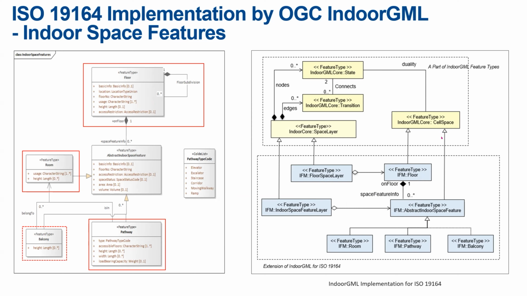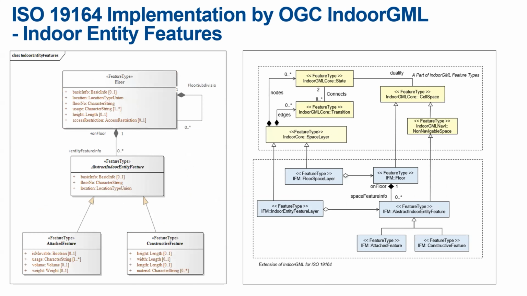These are all subclasses of CellSpace, which is the very basic unit of IndoorGML. The collections of these spaces, like floor and the space features, are defined as subclasses of the space layer of IndoorGML. So this is a brief overview of how we can implement ISO 19164.